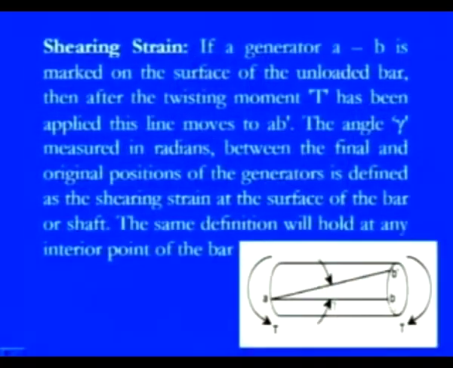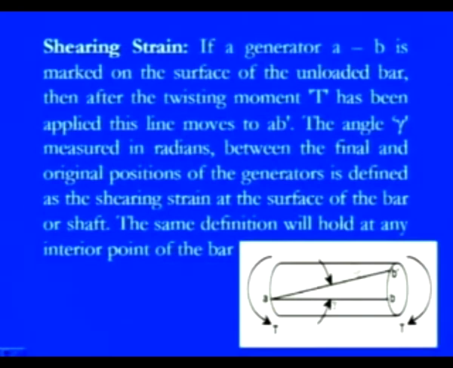As a resultant, in the stabilized manner, we will find that there is a distortion, and this distortion is computed in terms of shearing strain. The angle clearly gives you the kind of distortion, and this angle is known as the shearing strain angle. This angle B dash is nothing but equal to the shearing strain. So this is the real significance of shearing strain.